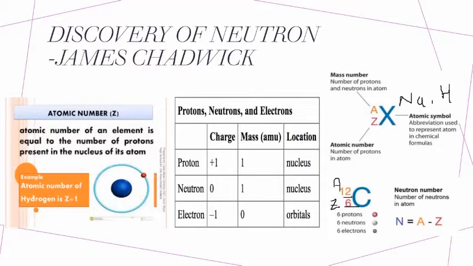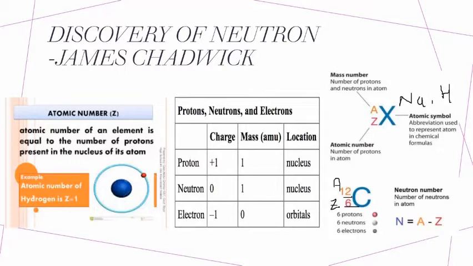So how do we calculate the number of neutrons? It is the difference between the mass number and the atomic number. Those unknown particles are what we call neutrons. So 12 minus 6.